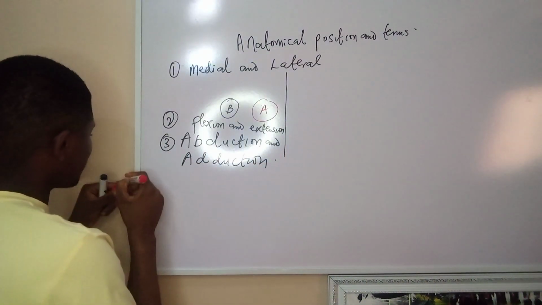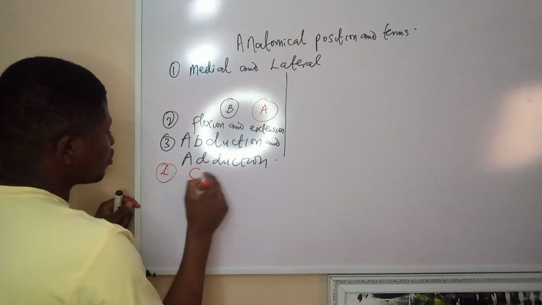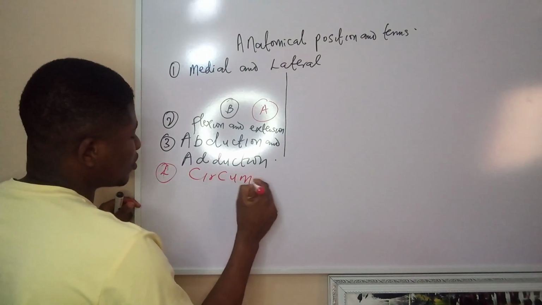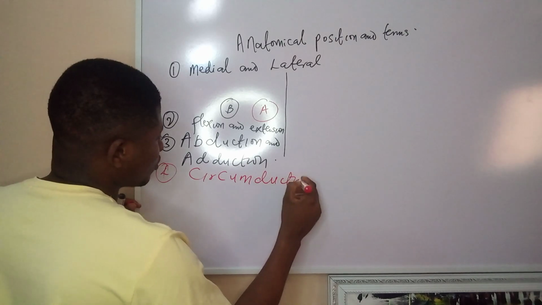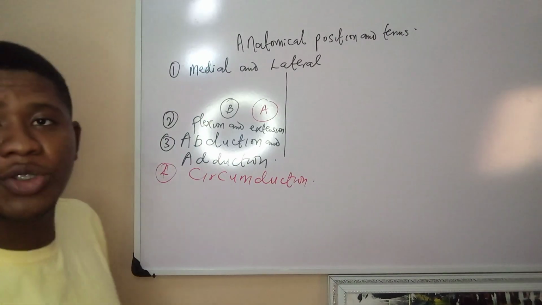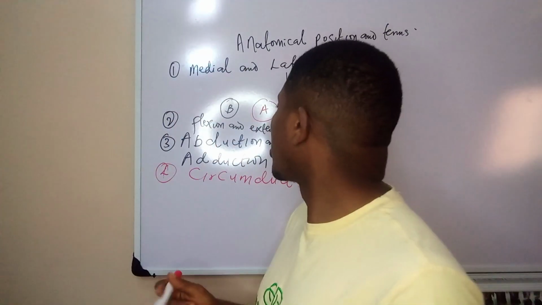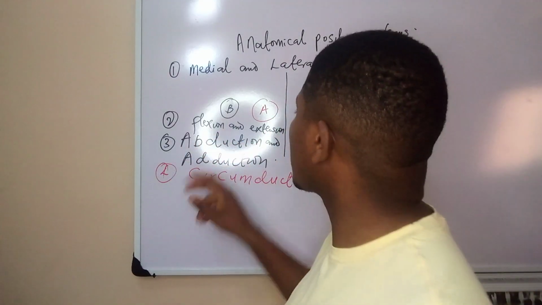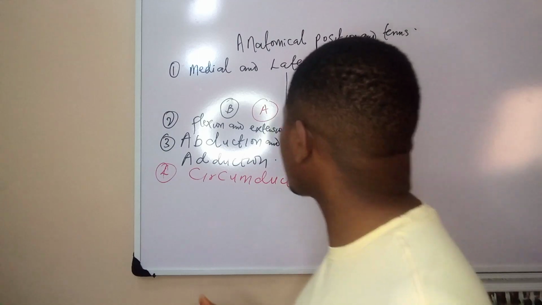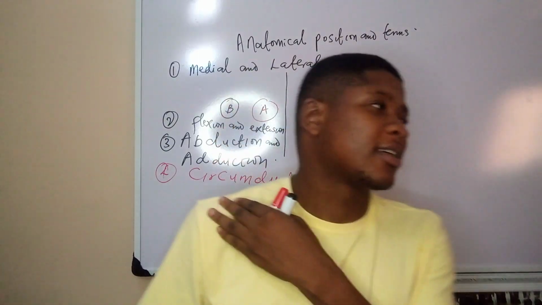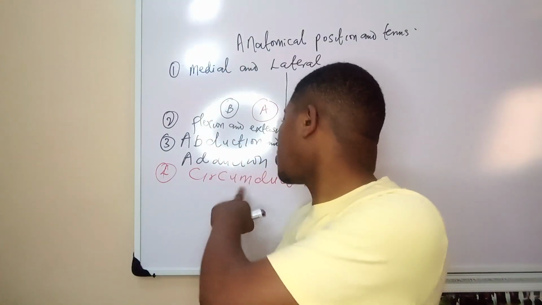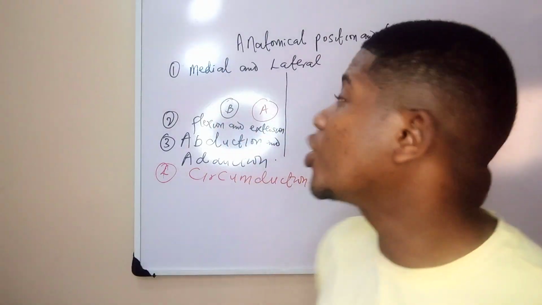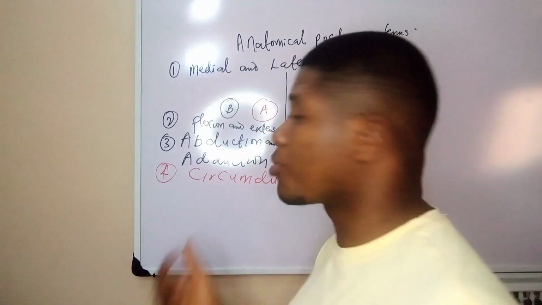Then the fourth one is circumduction. What is circumduction? It is a collection of flexion, extension, abduction, and adduction. This is normally a popular MCQ question: someone can ask you in which particular joint we can do circumduction.